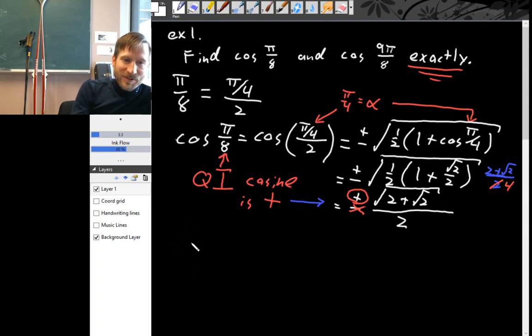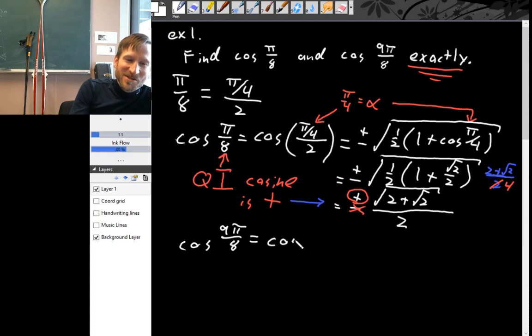Okay, so now let's try this whole game with cosine 9 pi over 8. Well, look, this denominator over 8 should be coming from a denominator 4, just like last time.